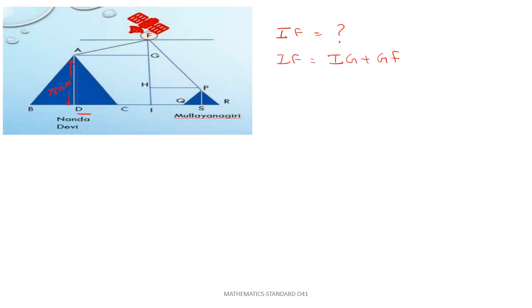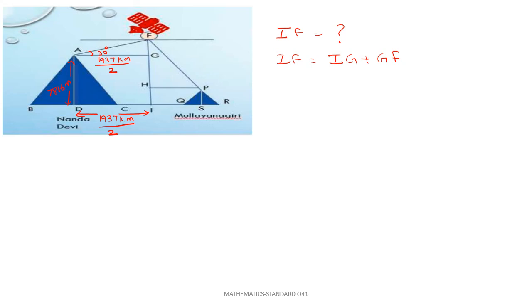Then DI. So what is DI? 1937 kilometer divided by 2. So again this will be same thing. And this angle, you can see the diagram in the previous slide, 30 degree.